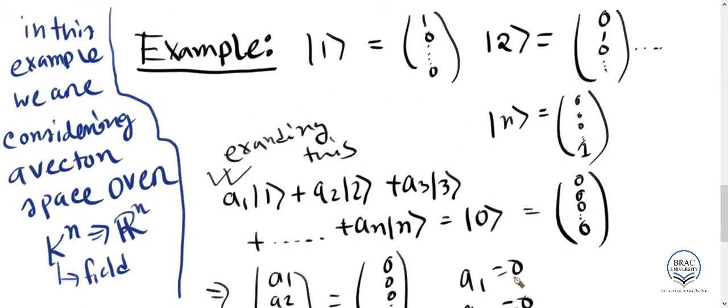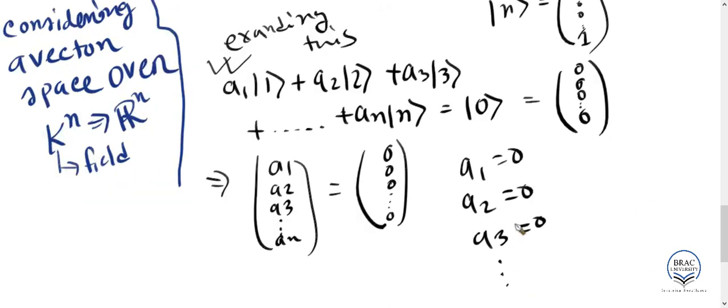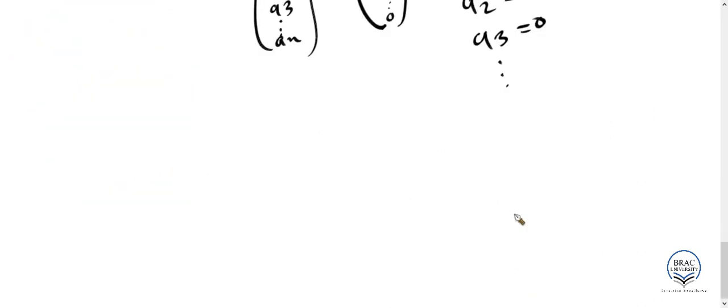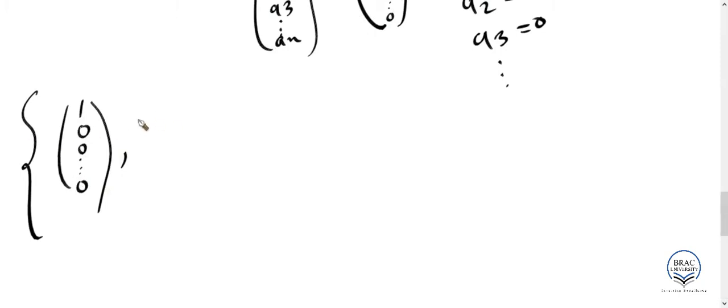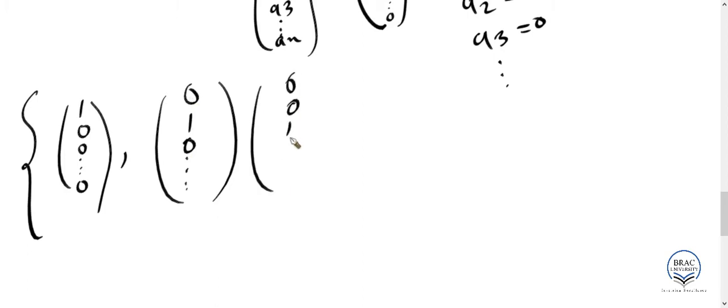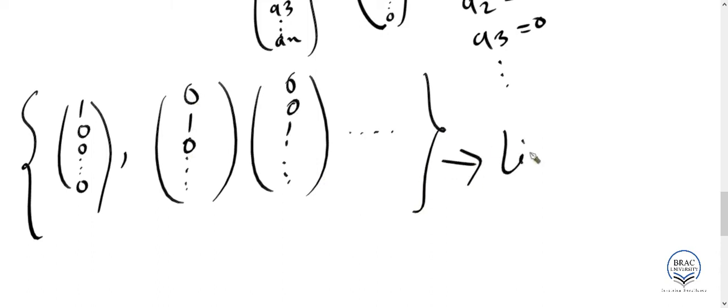That is, all the coefficients are 0, and as a result we can say that these vectors 1 0 0 dot dot dot 0, and let's give a set symbol over here, 0 1 0 0 0 0, 0 0 1 0 0 0, these are linearly independent.